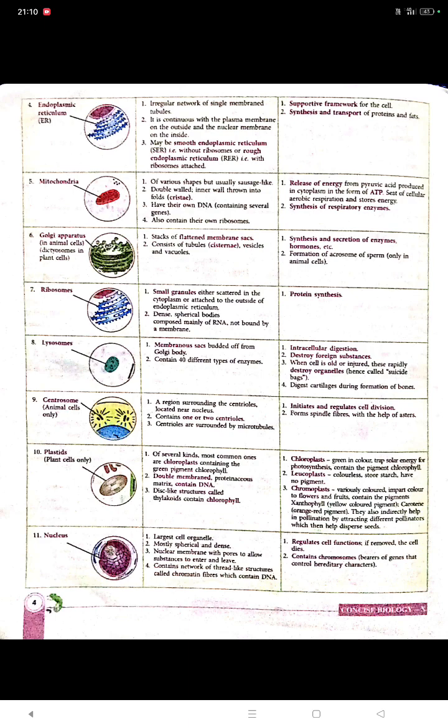If the ribosomes are not attached to the endoplasmic reticulum, it is called smooth endoplasmic reticulum, SER. If the ribosomes are attached to the endoplasmic reticulum, it is the opposite: rough endoplasmic reticulum. Okay, simple.